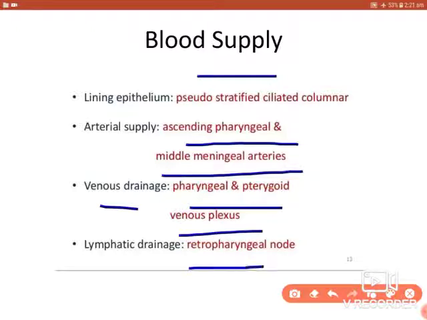Lymphatic drainage is to the retropharyngeal nodes. Then lining epithelium: the inner surface of the bony part and the cartilaginous part are lined by mucosa. The cartilaginous part is lined by pseudostratified ciliated columnar epithelium with numerous mucous glands, and the bony part is lined by simple cuboidal epithelium.